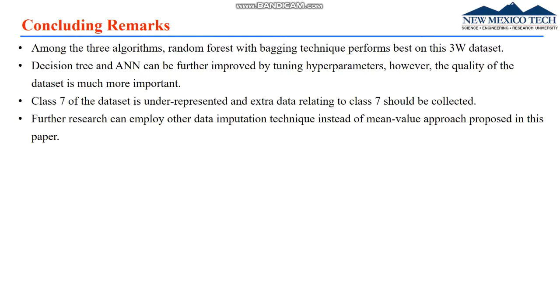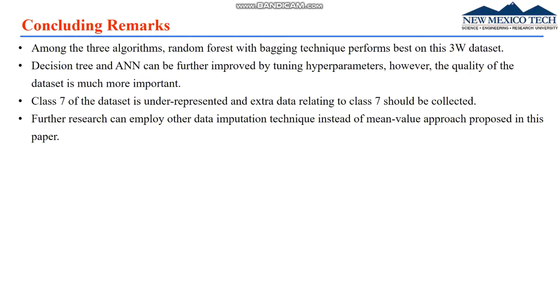But I think the best way to improve these algorithms' performance is to validate the quality of the dataset and collect more data instances so that the dataset is more complete and more reliable for predictive models. Also, in order to improve the accuracy, we suggest that class 7 should be removed from the dataset.